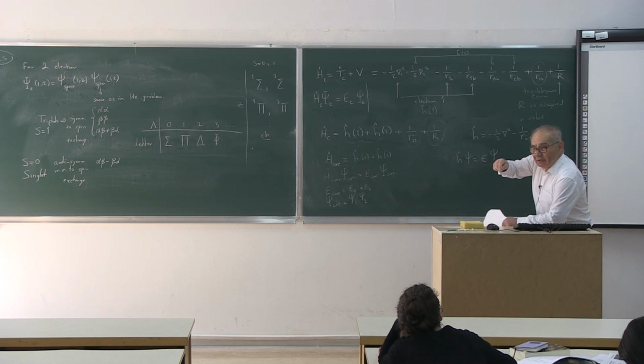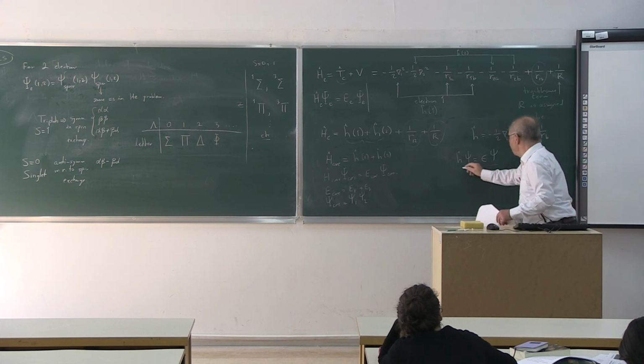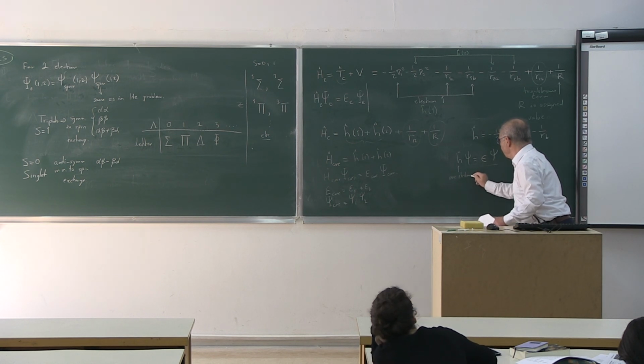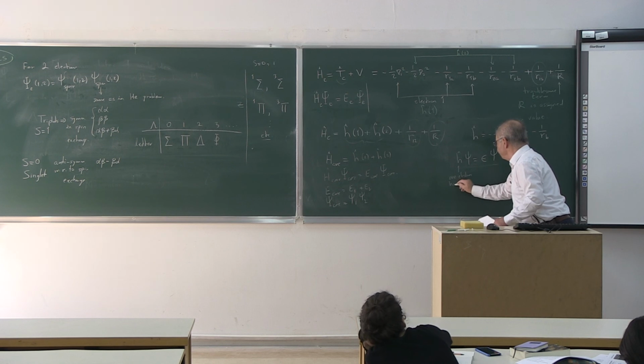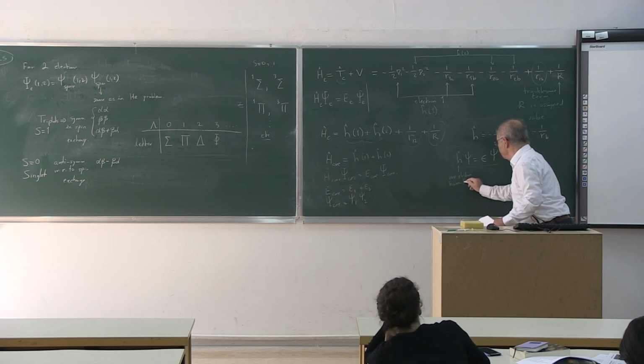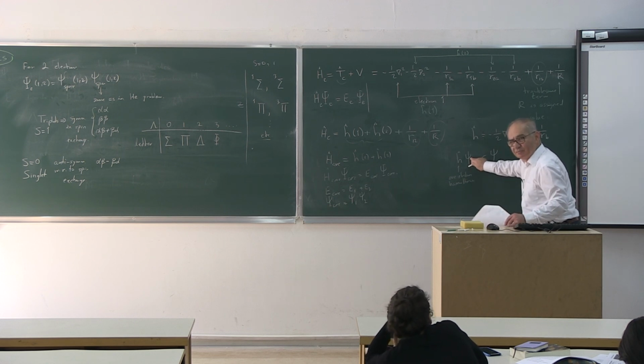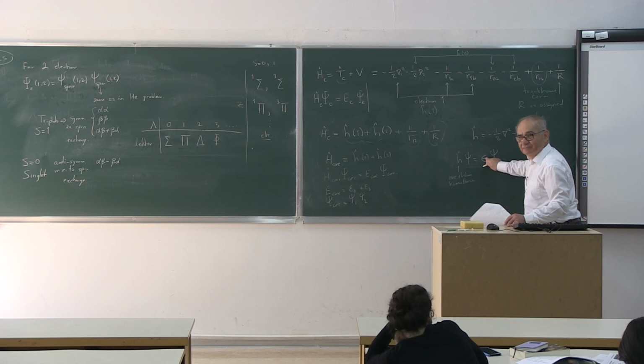Whenever we have a single electron, the state functions for a single electron are called orbitals. This is one electron Hamiltonian. So this is a one electron function. This is a one electron energy.